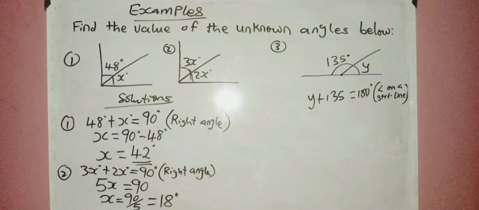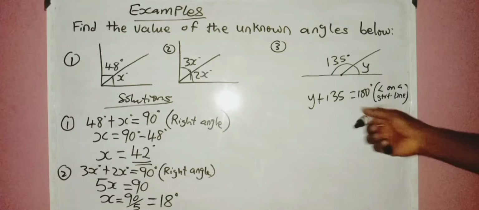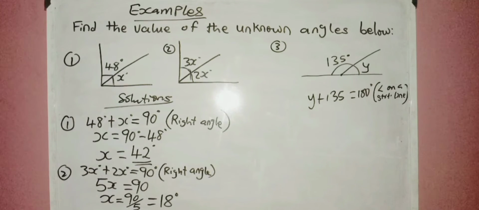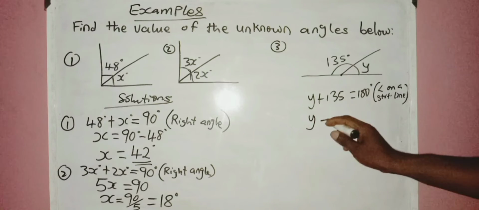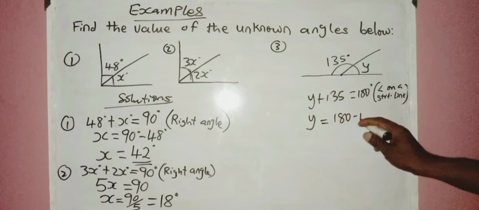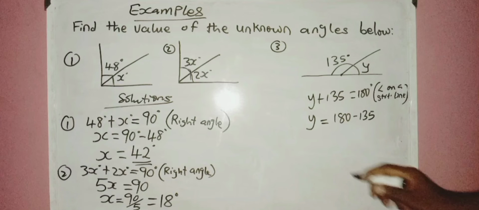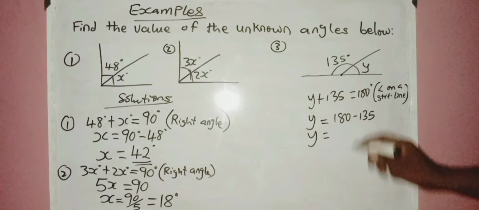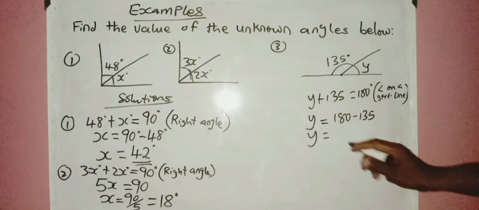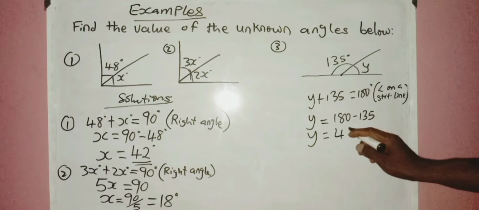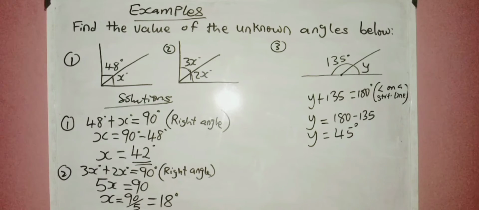This one is an indicator of an angle: angle on a straight line. So to solve this, we solve it like an algebra by collecting like terms. Then y will be equal to 180 minus 135. So 180 minus 135 will give us 45 degrees. And that becomes the answer to the question.